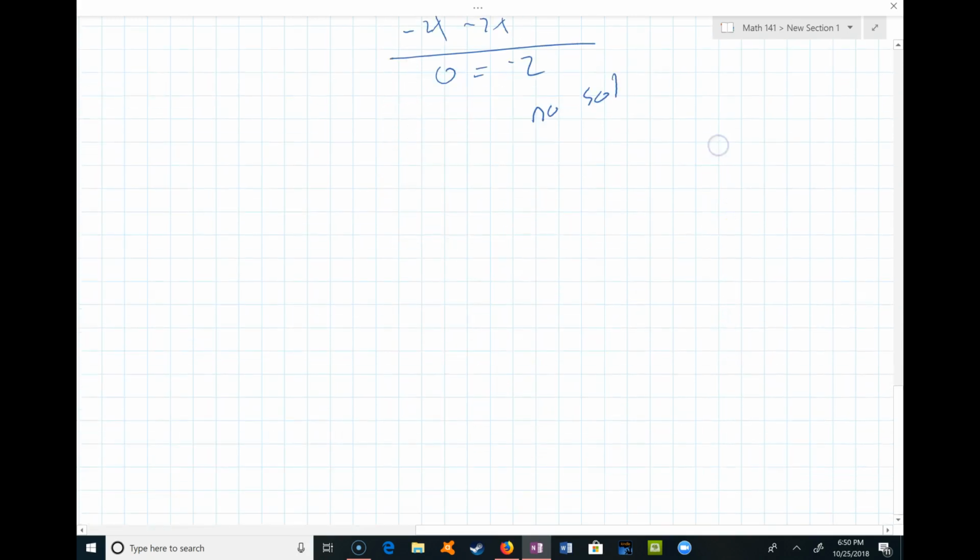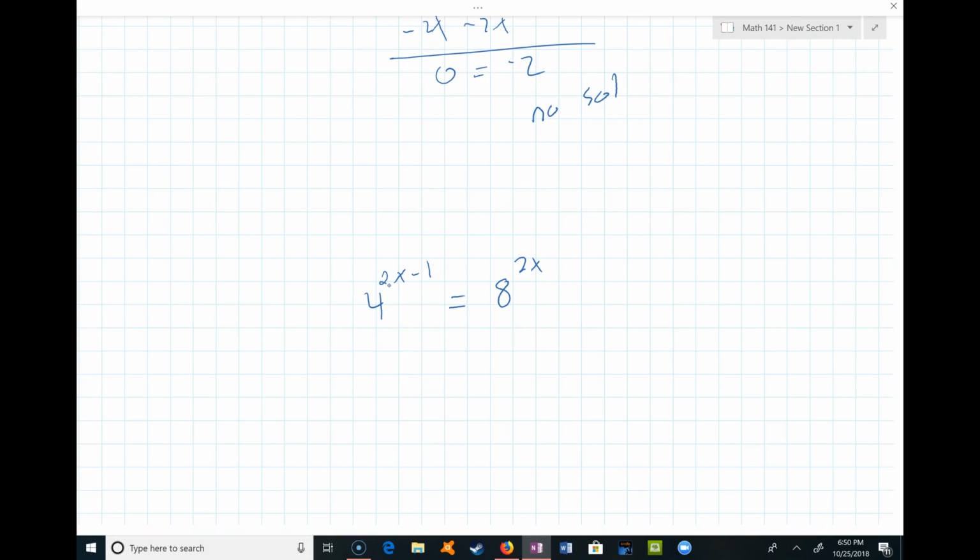Let me do one that actually works. What if I have 4 to the 3x minus 1, and over here I have 8 to the 2x. Wait, is that right? No, I want that to be 2x minus 1. Okay.